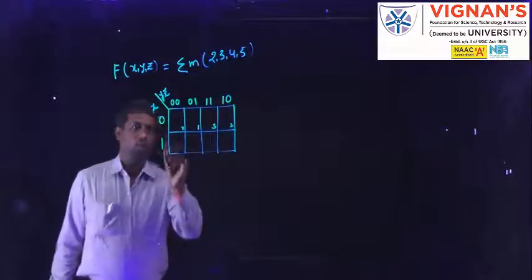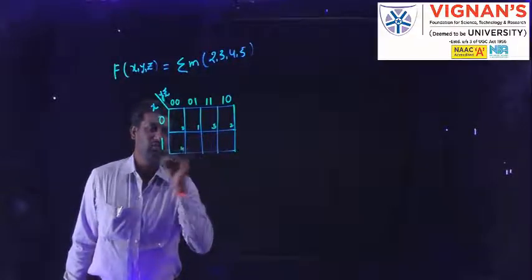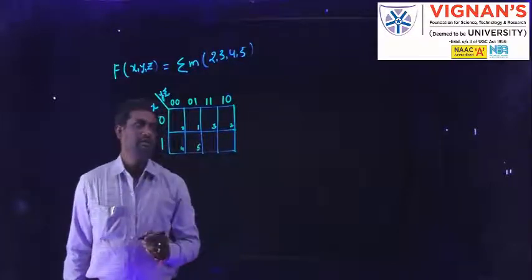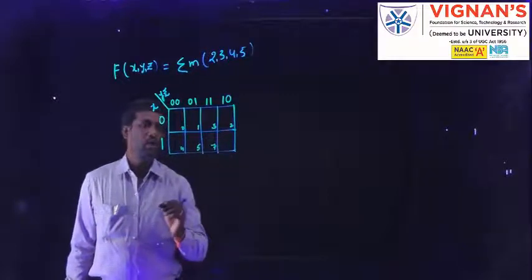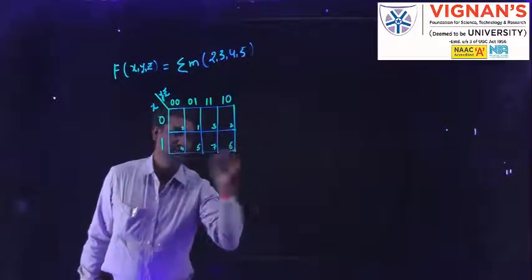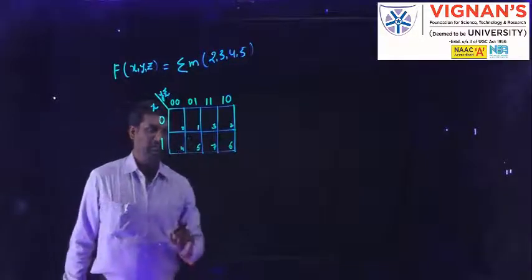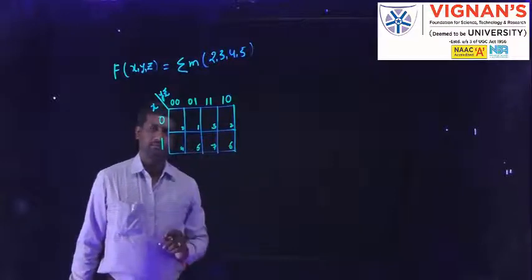Similarly, 1 0 0, this cell value is 4. 1 0 1, this cell value is 5. 1 1 1, this cell value is 7. 1 1 0, this cell value is 6. These are the cell values or minterm values for each cell.